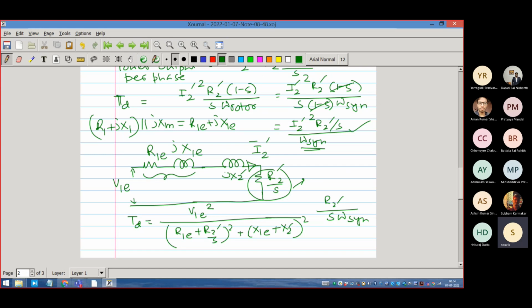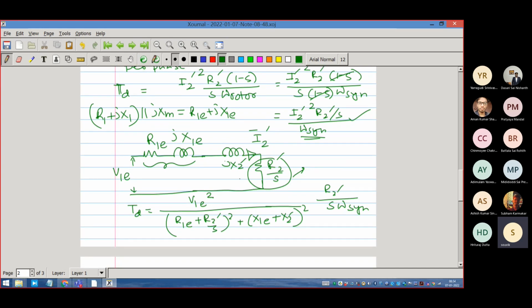So when will it be happening? It will be happening when this impedance is equal to that impedance, right?